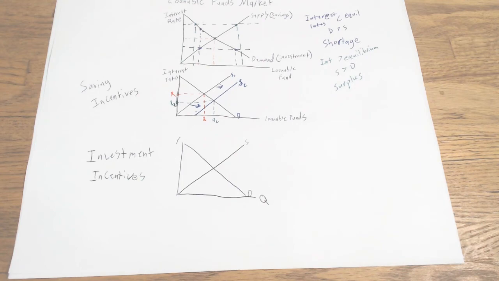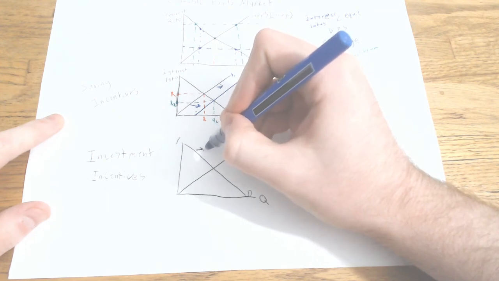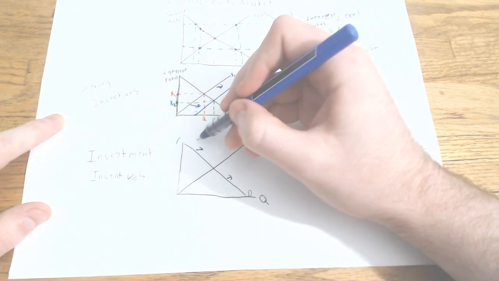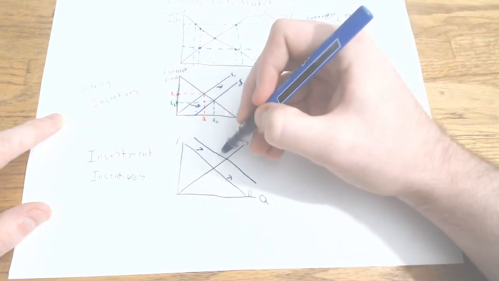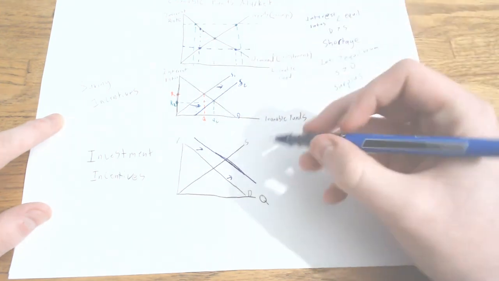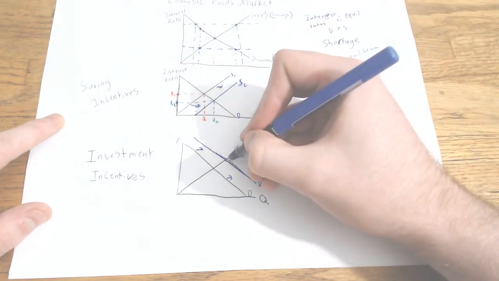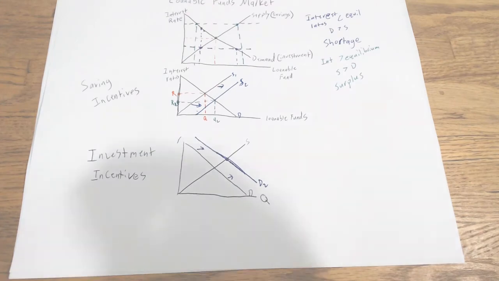So if we draw that, we're going to have our D2, and we're going to have a new equilibrium from here, and we can compare the old to the new.